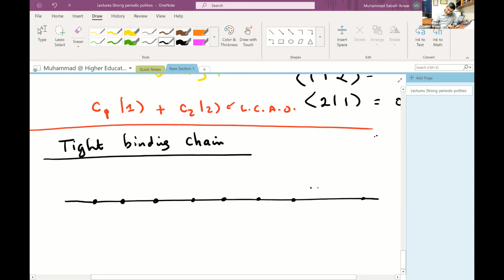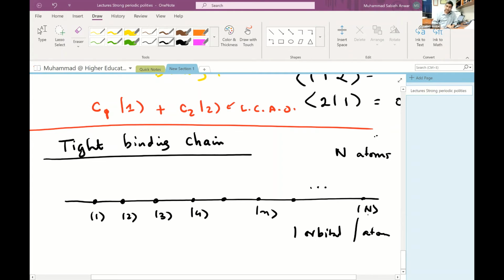So there are N atoms overall. There is one orbital per atom, and these orbitals are labeled ket 1, ket 2, ket 3, ket 4, ket small n, all the way up to capital N. So the orbitals are defined such that they belong to a certain atom.